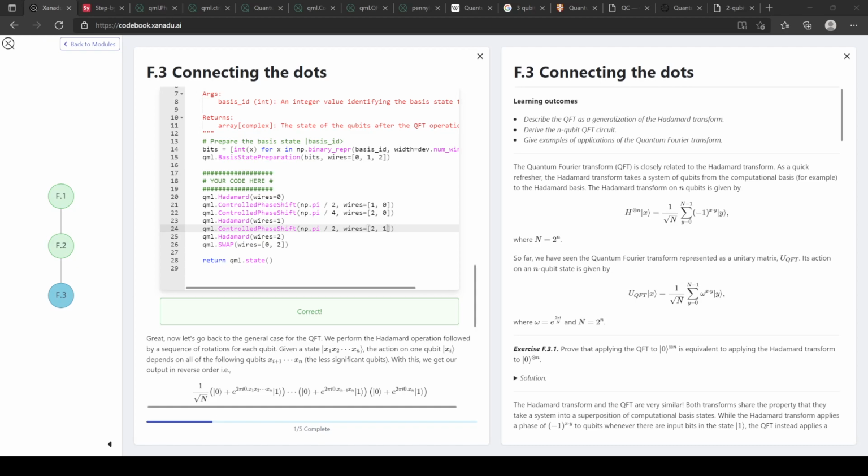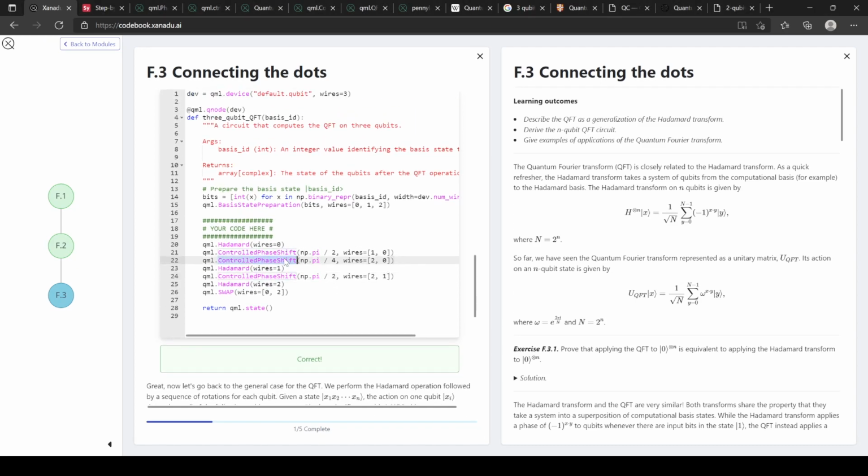But I'm going to move back over here. I was able to successfully submit it by just replacing this controlled thing, the CTRL, with the controlled phase shifts, which I think proves my point that the way the phase shift gate works is not what you would expect. You would expect it to be phase shift.